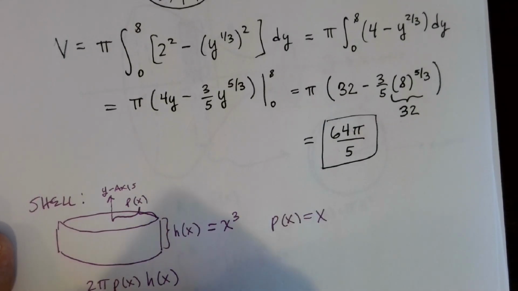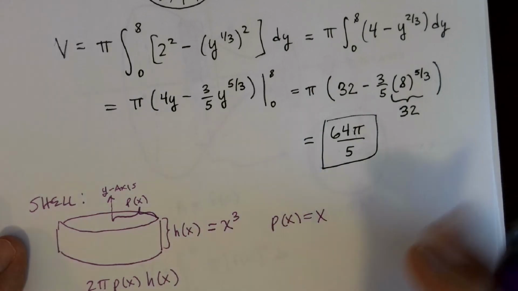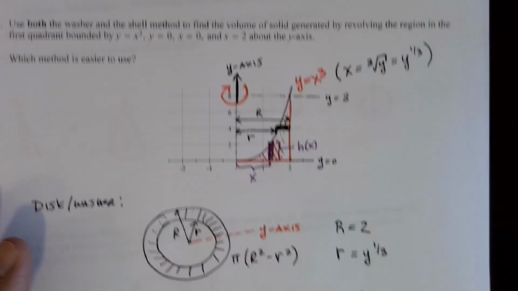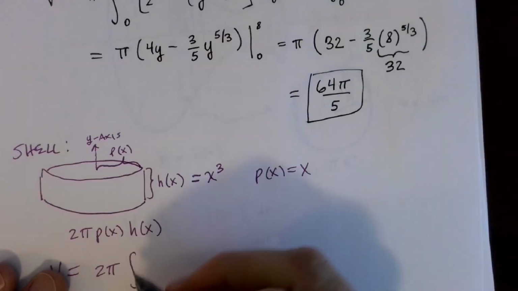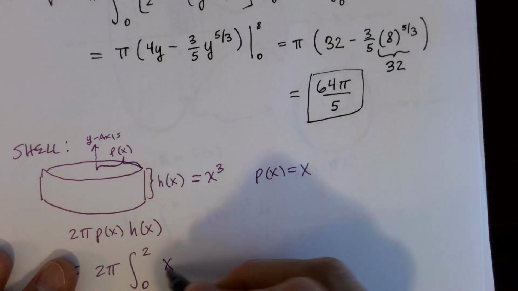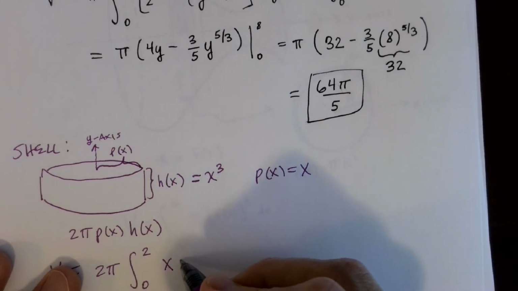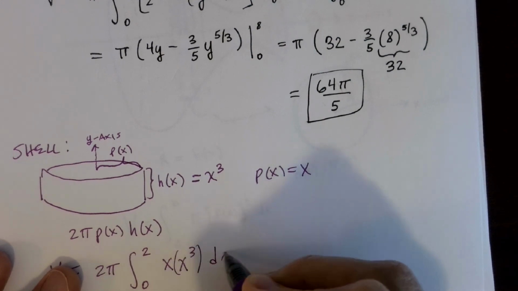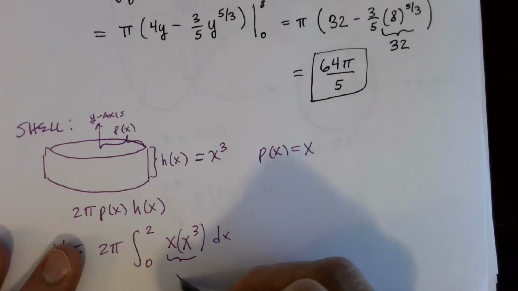And so our volume is 2 pi can come out, and we're integrating now with respect to x. So what are we integrating with respect to x? From 0 to 2. P of x is x. H of x is x cubed. And so, of course, x times x cubed is x to the 4th.